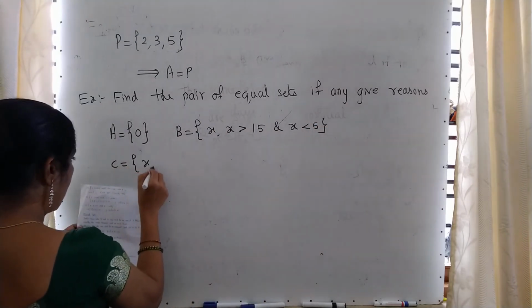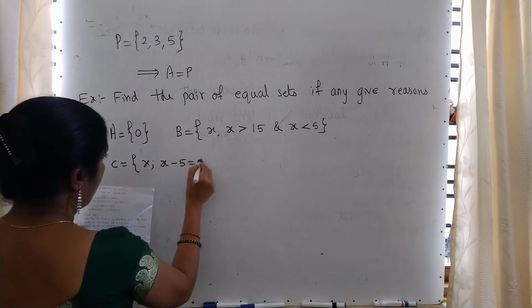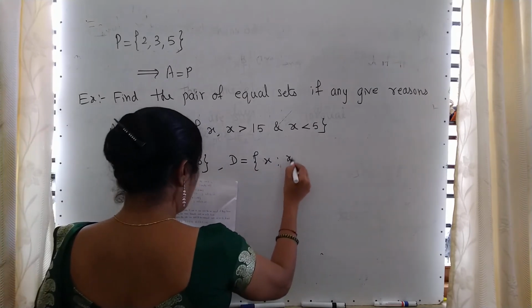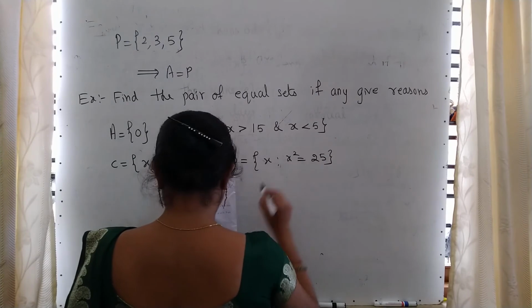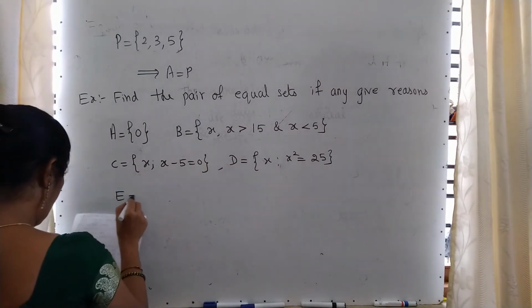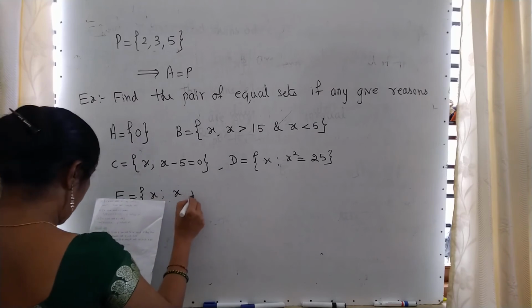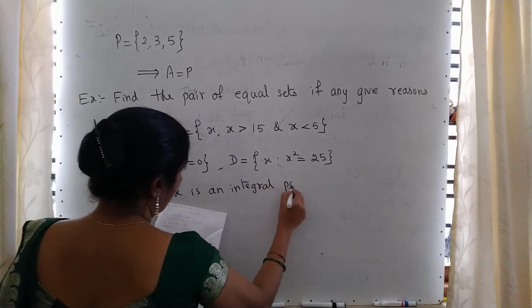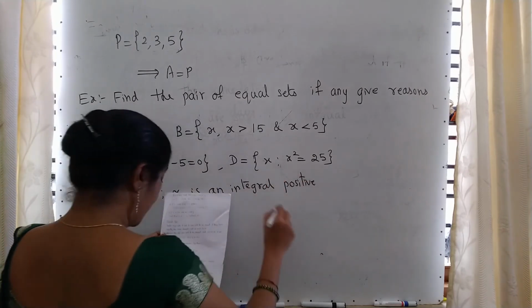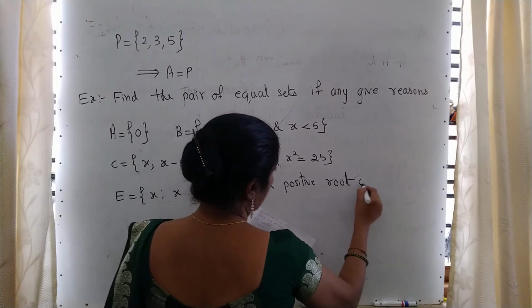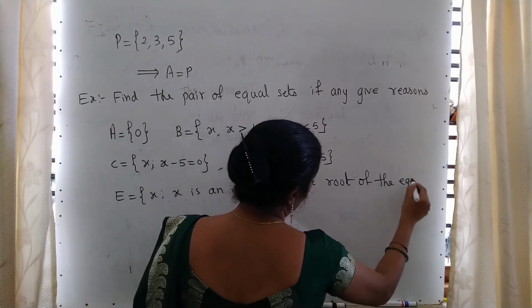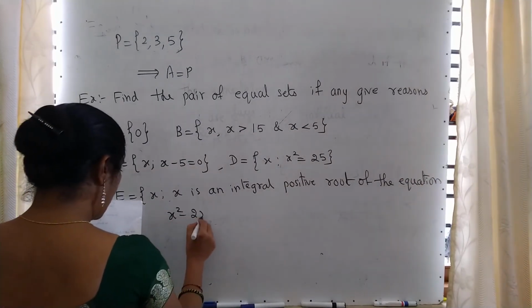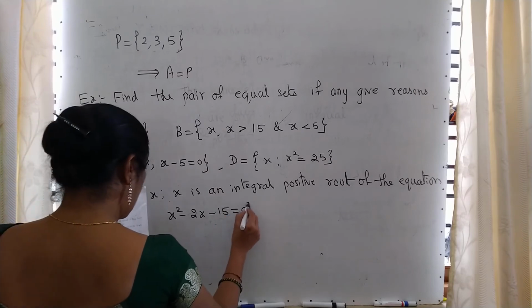C is {x such that x minus 5 is equal to 0}. D is {x such that x square is equal to 25}. E is {x such that x is an integral positive root of the equation x square minus 2x minus 15 is equal to 0}.